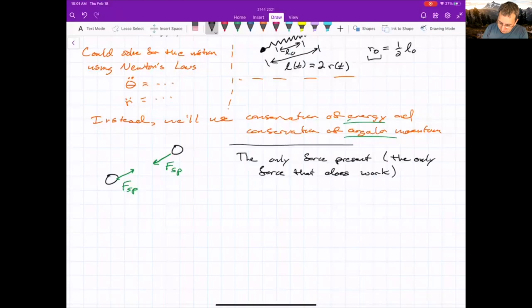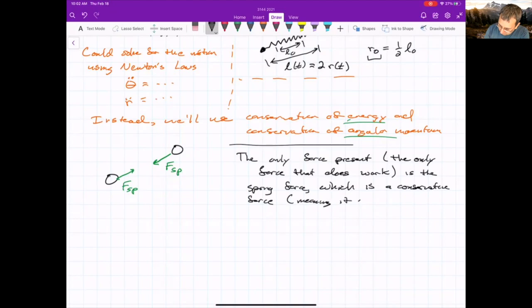So the only force present here is a spring force, which is a conservative force. What does that mean? It comes from a potential energy, V, right?